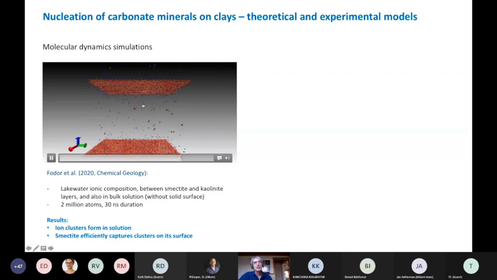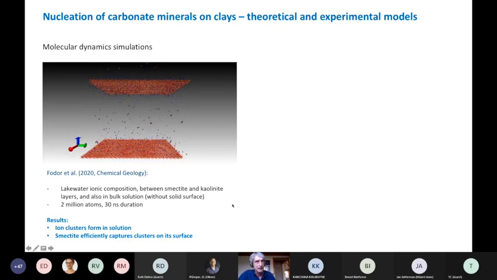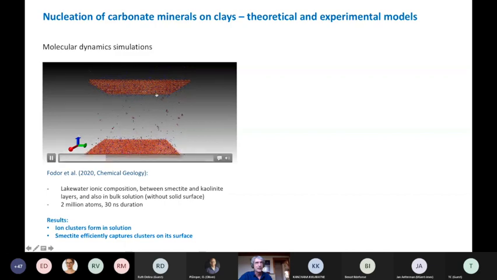And we did the same experiment with kaolinite and also with graphene. And the result was that smectite is really efficiently capturing these particles, whereas graphene and kaolinite are not that good at doing it. But this is actually just 30 nanoseconds, so this is still not even ACC. It's just ion clusters getting attached to smectite. But we think this is the process that is happening.